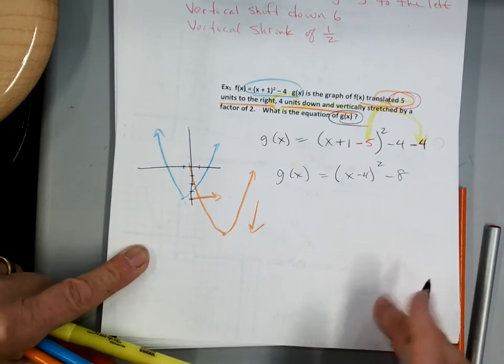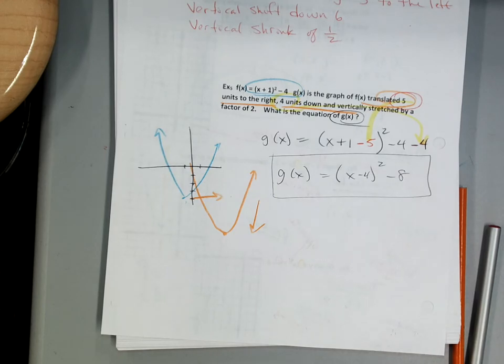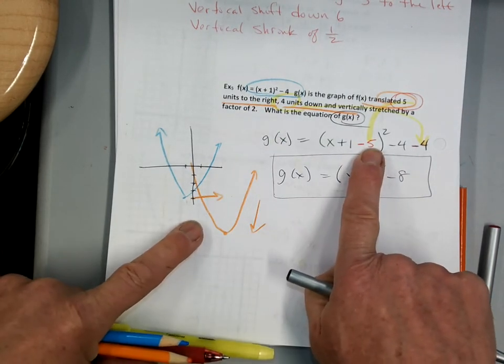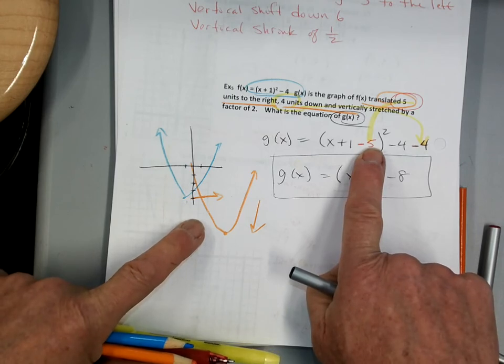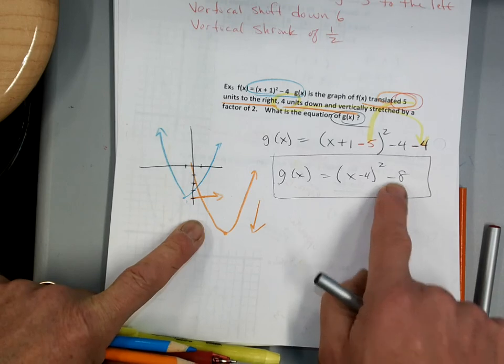And there it is. That's the new equation. So I didn't take the parent function. This time I just took this function and I moved it to the right 5, and then I moved it down 4. That one's a little bit harder.